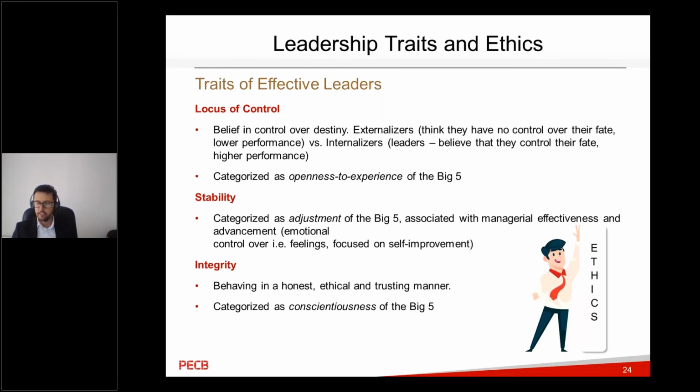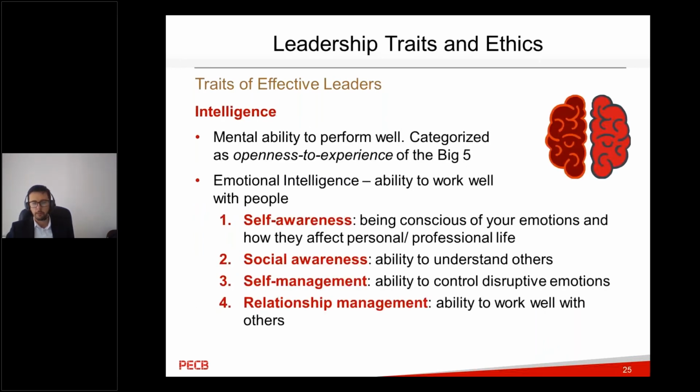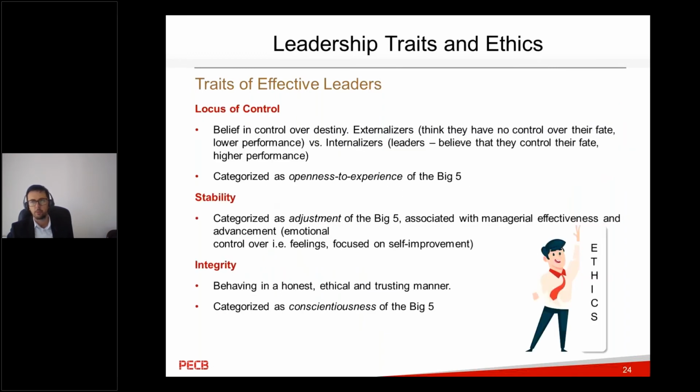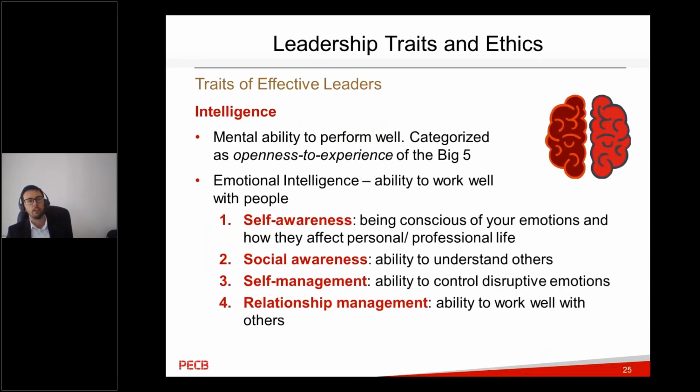So if a leader that has been previously trusted tends to deceive other people or their followers, they usually lose their integrity and trustworthiness, and that will be a major blow to their influence and legitimacy to lead other people.